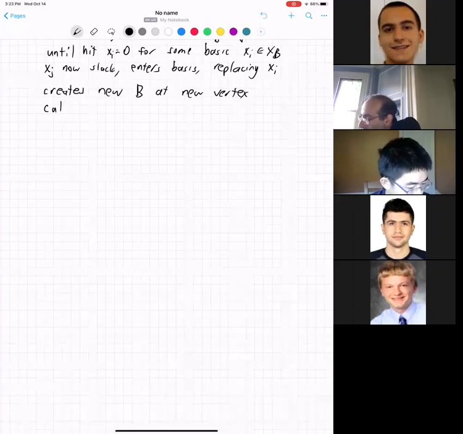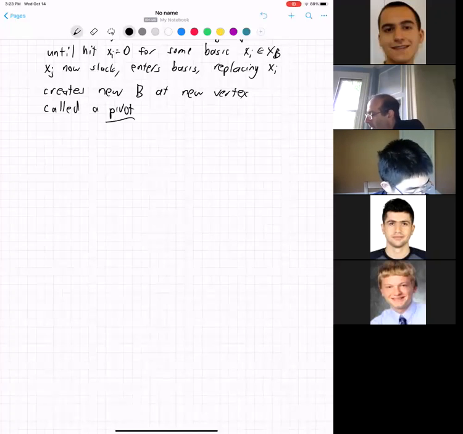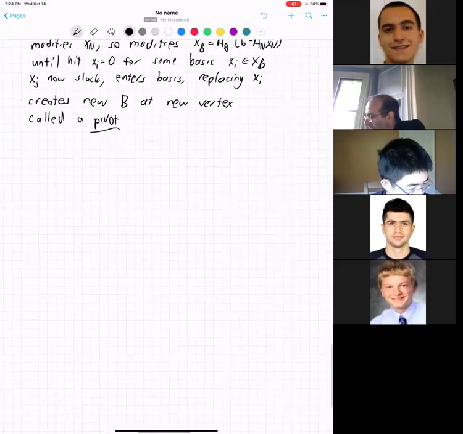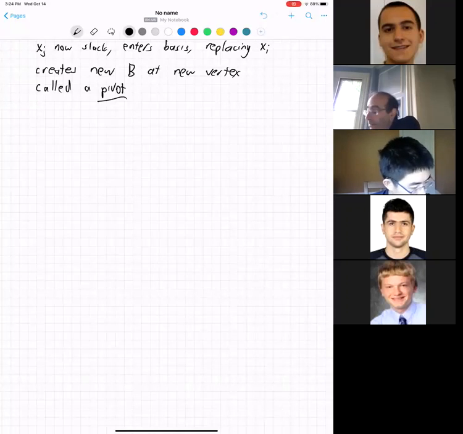Okay. So this is called a pivot, when we swap out one basic variable for another. And the simplex algorithm is just pivot until you find the optimum.